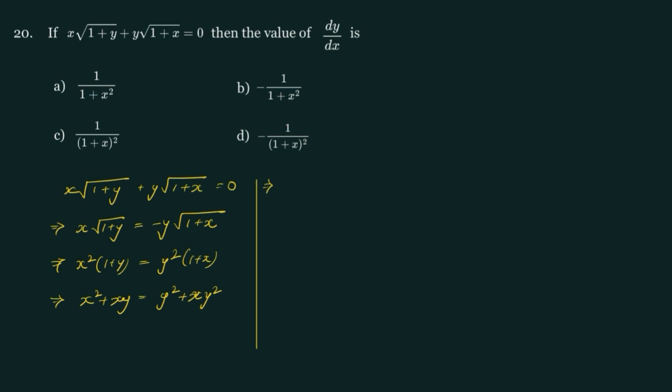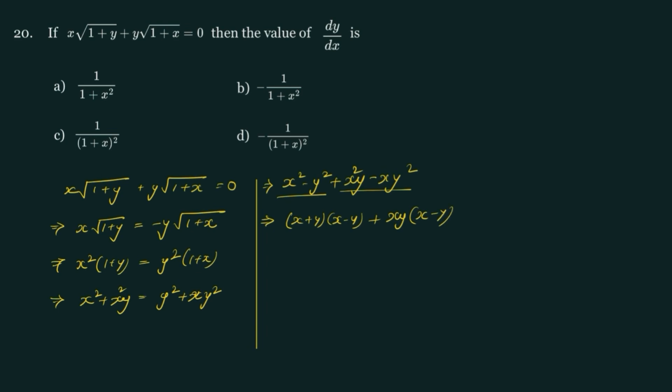Let us take all the terms on the left hand side, and it will be x square minus y square plus xy minus xy square. Sorry, it's actually x square y here, x square y. So the value of x square minus y square is x plus y times x minus y. And let us take xy common here, then here it will remain with x minus y.